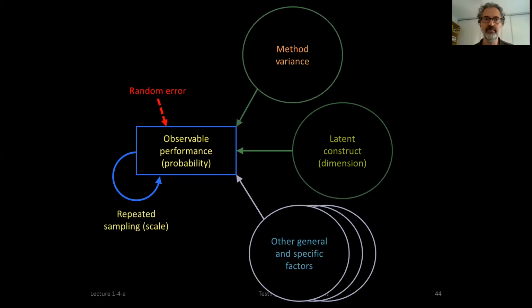So random error, as well as various sources of bias, are present in the only thing that you have, which is the test score. And this you should always have in mind when you use a test, and you should always dive into the test documentation where you can see the evidence for the extent of each of these effects for every test that is properly made and well studied.